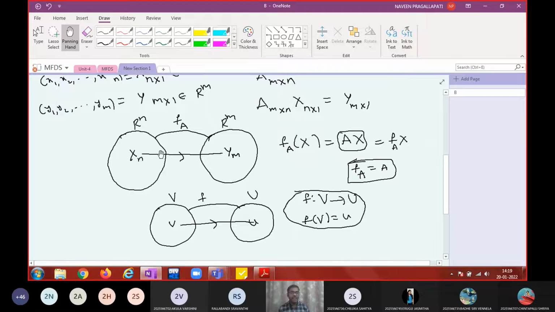R power n is a vector space, R power m is also a vector space, and you are defining a function like this, f A of x equals Ax. So a matrix can be viewed as a transformation, a matrix can be viewed as a function. Like that, there are several other functions defined from one vector space to another vector space. Another name for a transformation is a map. So f is a mapping from V to U. Shall I proceed?